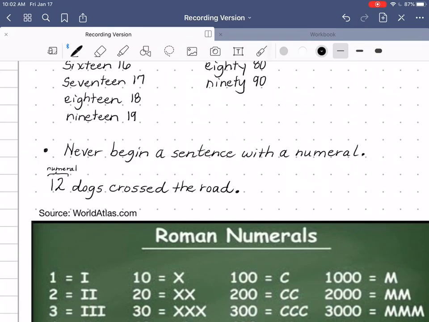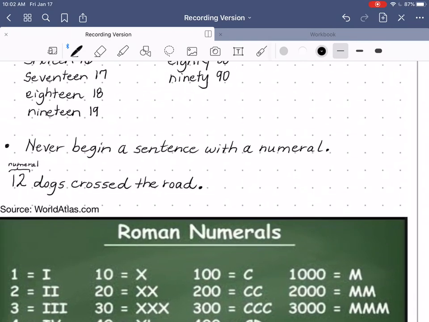I'll tell you what, I'm going to make it 12 because we're allowed to write 12 because it's 2 digits. But you cannot start the sentence with a numeral. So you would need to say twelve dogs, because that's the first word of the sentence, it needs to be capitalized, crossed the road.